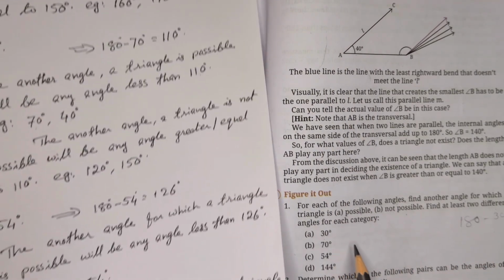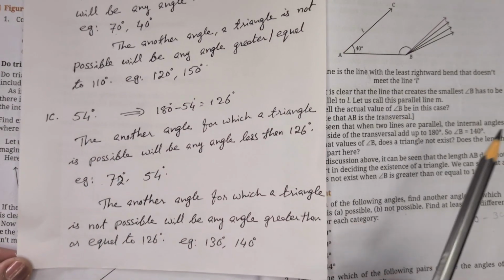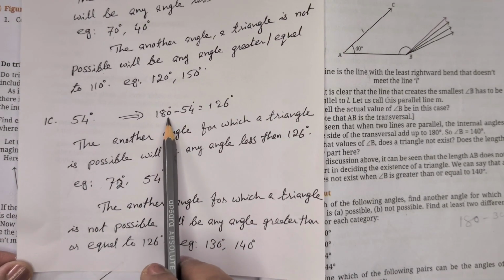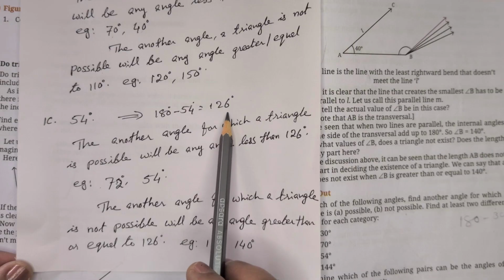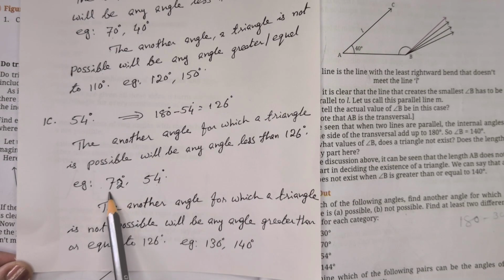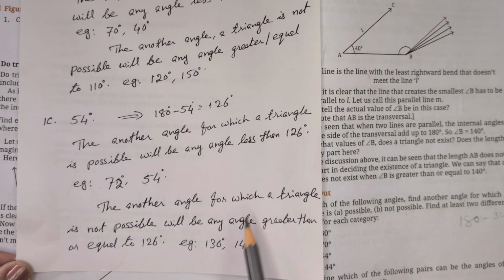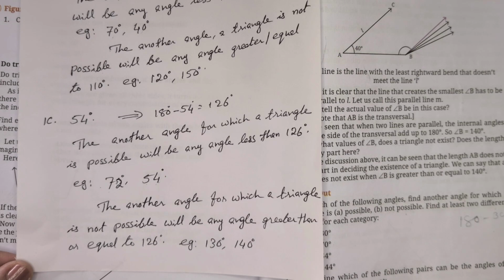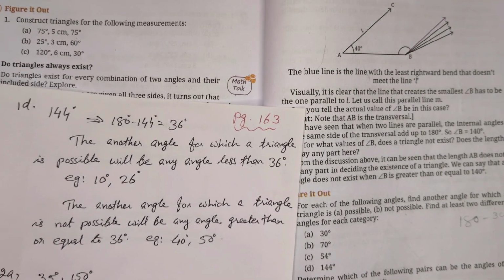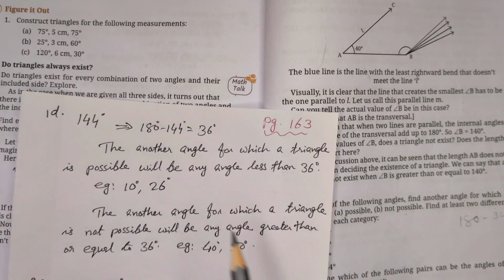Now the third measurement, 54. That also works the same way. 180 minus 54 is 126. So the measurement 72 plus 54 is 126. Not possible means any measurement greater than 126. Next one, 144.